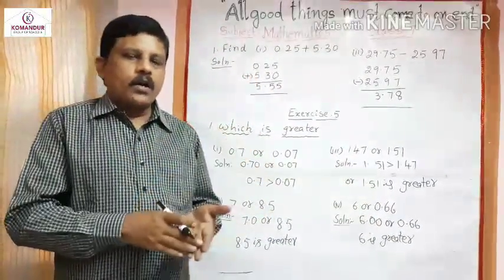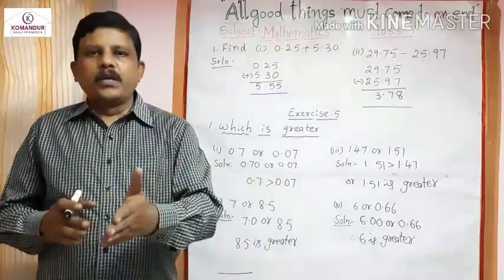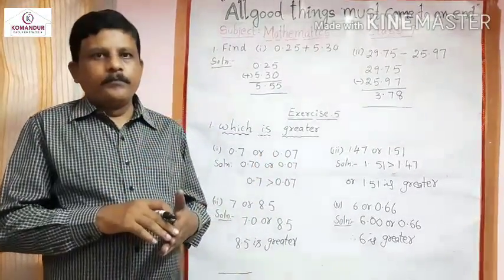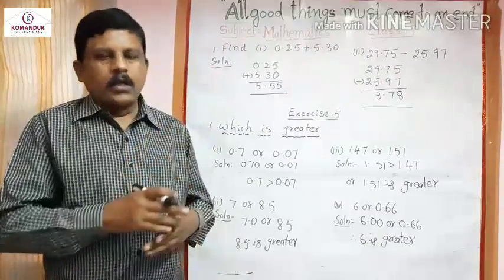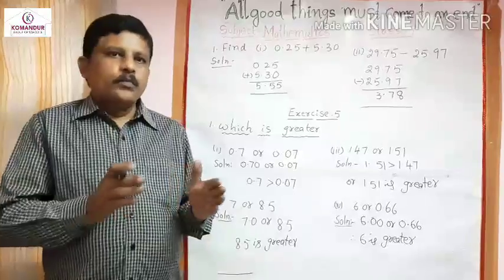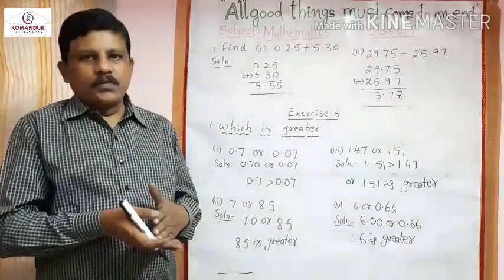If ascending order is asked, we write small to big, using the less than symbol, or a comma, as you wish. If descending order is asked, we arrange the decimal numbers big to small.